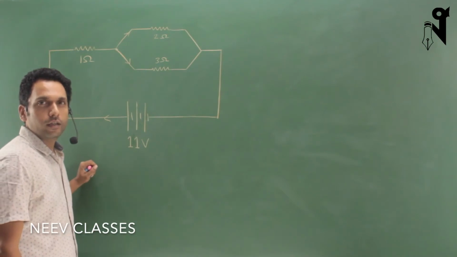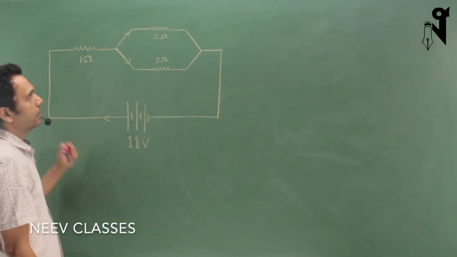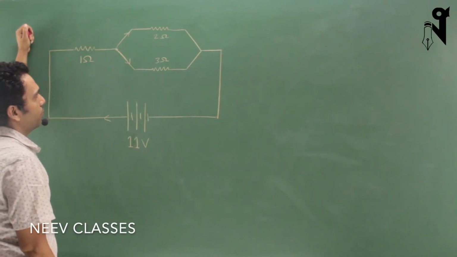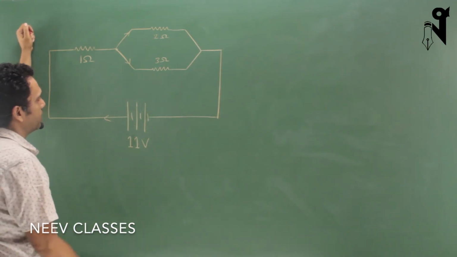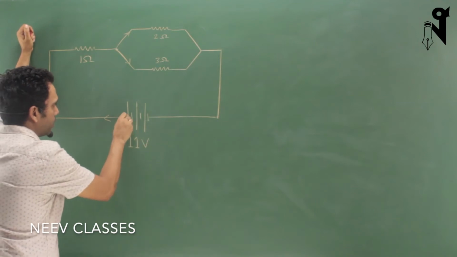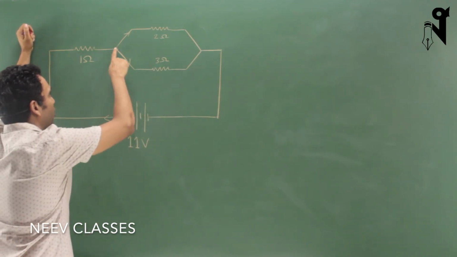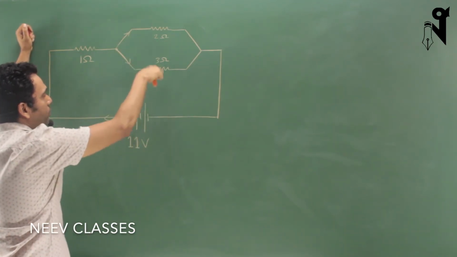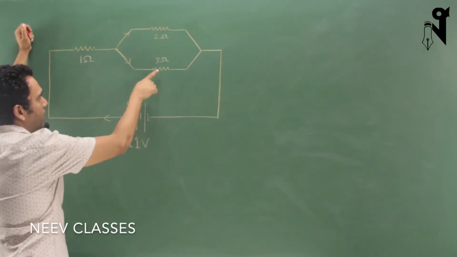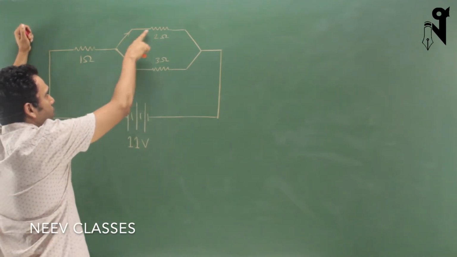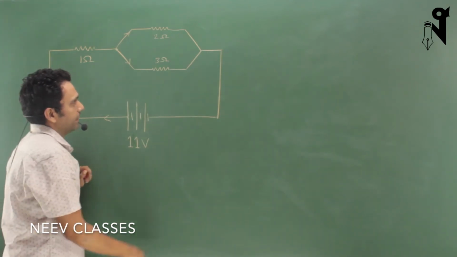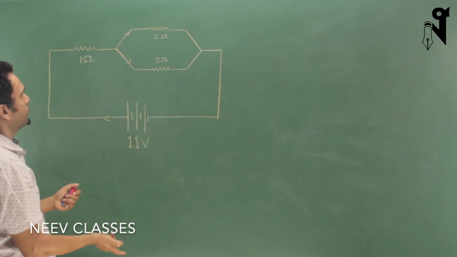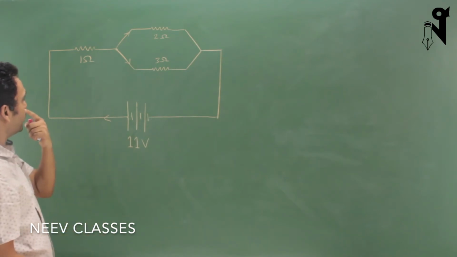So guys, let us solve this circuit, and then we'll do some variations on this basic setup. What you have to find is the total current coming out of the battery, the current going in each branch of this parallel stack, the current in this 3 ohm resistance, the current through this 2 ohm resistance, and then obviously the current coming back into the battery, which is the current going out of the battery.